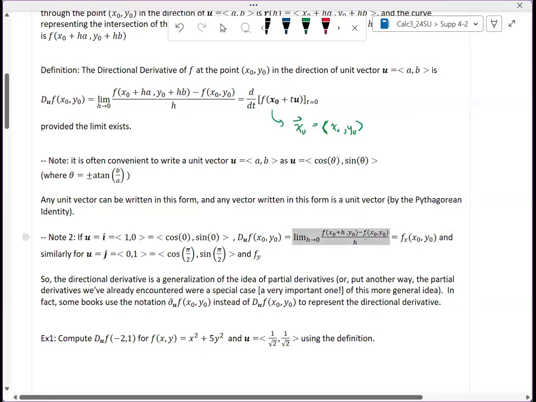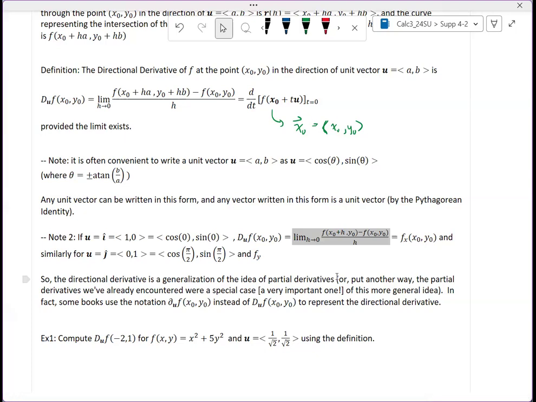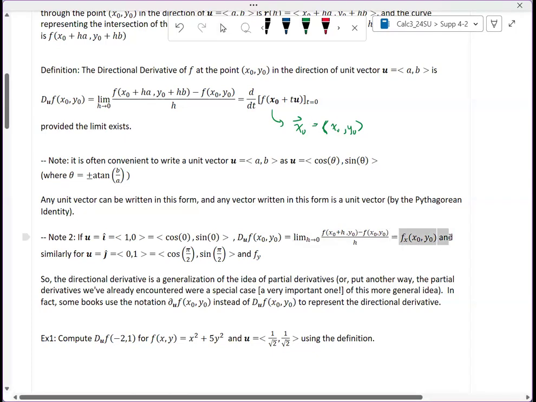So we just get the limit as h goes to 0 of f of x naught plus h, y naught, minus f of x naught, y naught, over h. But that's just the x partial at x naught, y naught. And similarly for the direction in the y direction, j hat, we just get the y partial there.